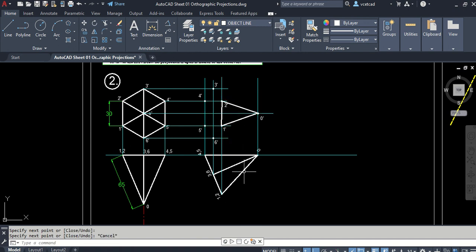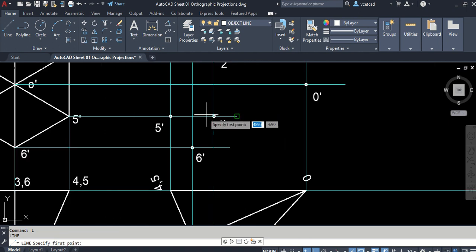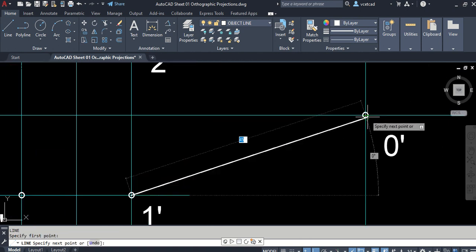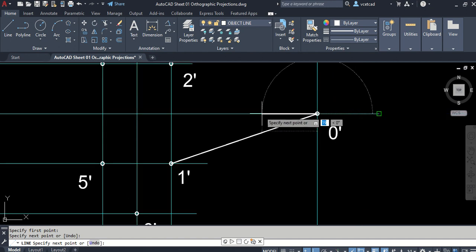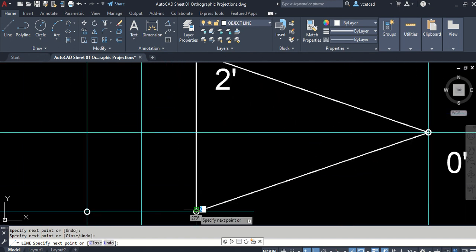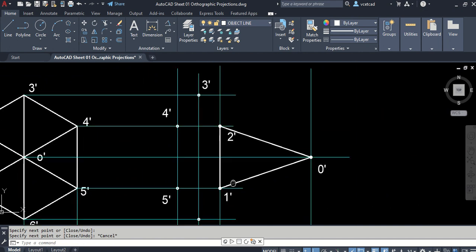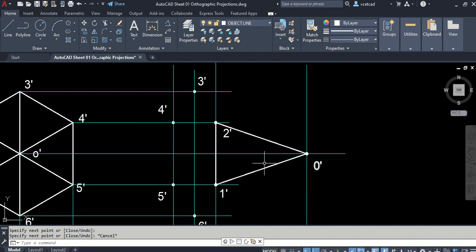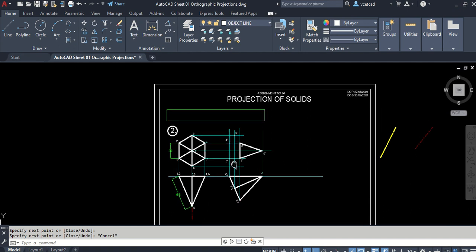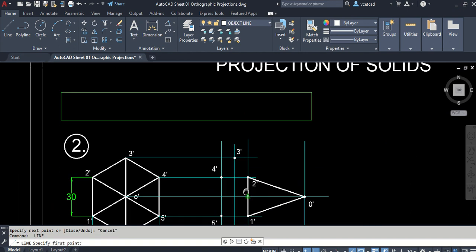Right, this face is visible, so I have to draw it as a dark line. 1 to O. Okay, so 1 to O and 2 to O is seen as a dark line. Similarly, when we observe it from here, the complete bottom face will be visible. So that bottom face we have to draw as a dark line.